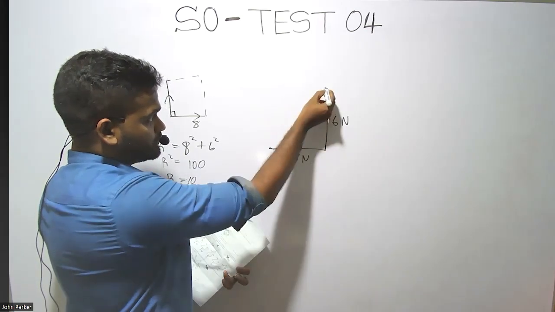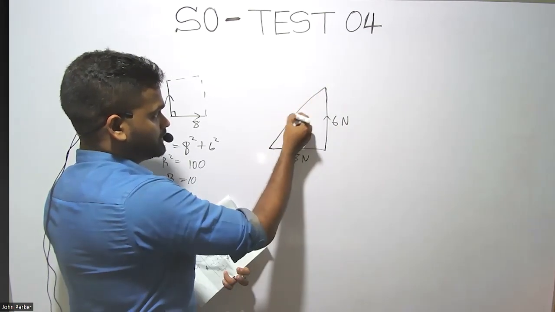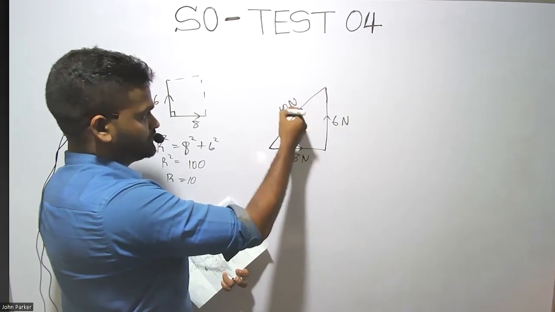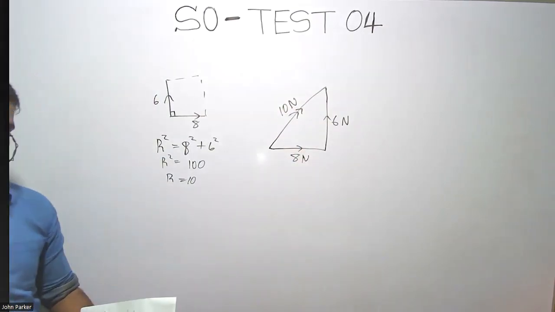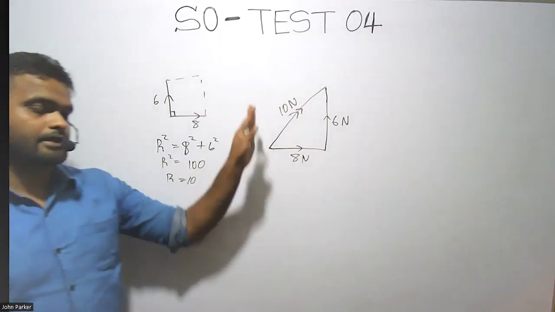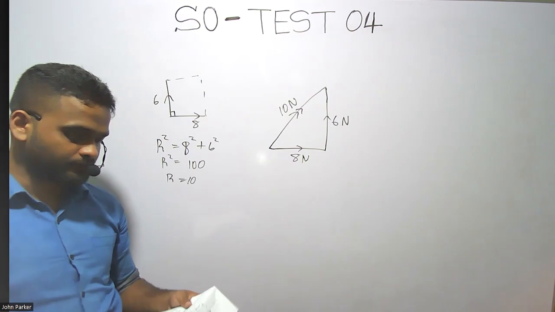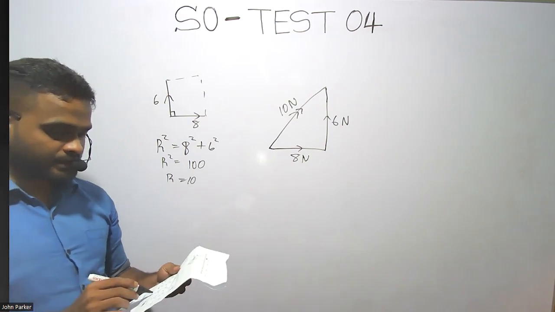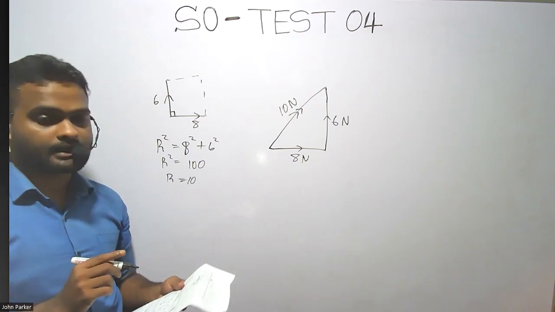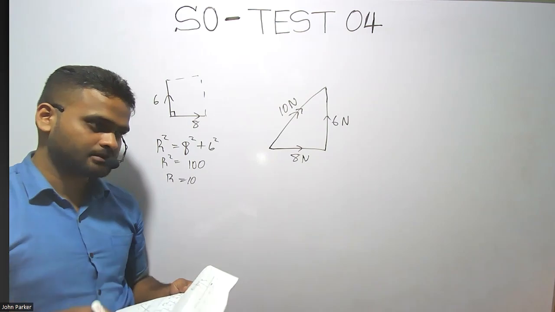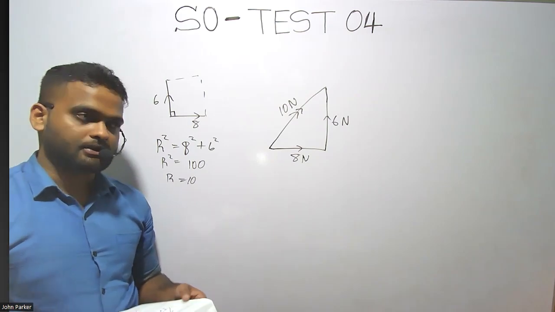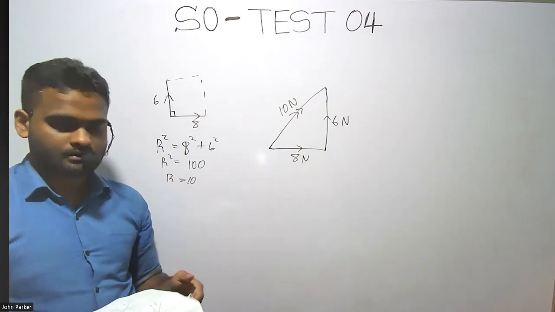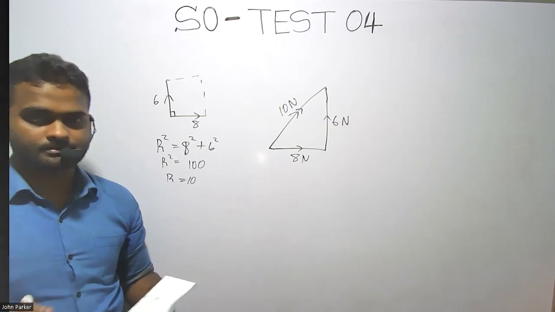From the start to the end, there's the resultant, which is 10 here, not 14 Newton, right? It is 10 Newton. You have to geometrically find that. So the only thing that matches with the correct triangle method is this sketch, which is the third one.